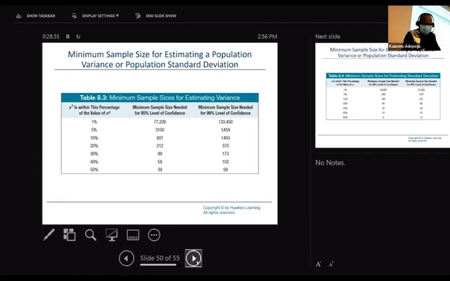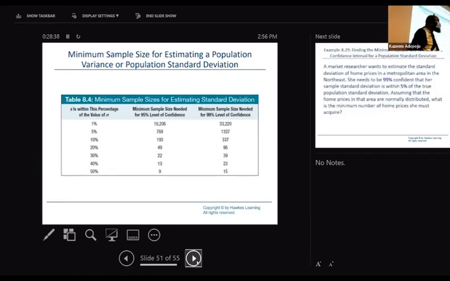But if I want to estimate the standard deviation, we also have a formula to determine the sample size. So take a look at that. If I want my sample standard deviation to be within 1% of the population standard deviation, and at 95% level of confidence, then I need 19,206 samples.